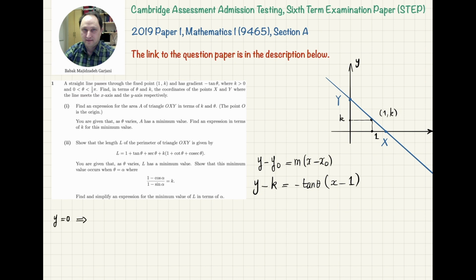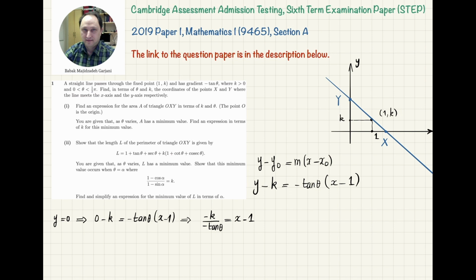What I get is 0 minus k is equal to minus tangent of theta times (x minus 1). I am supposed to find x, so I divide both sides by minus tangent of theta. So it becomes minus k divided by minus tangent of theta, equal to x minus 1.